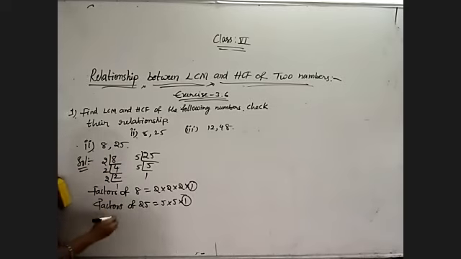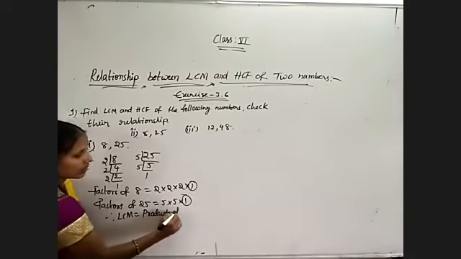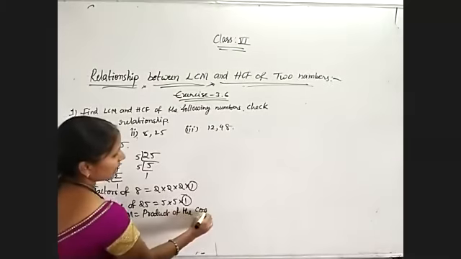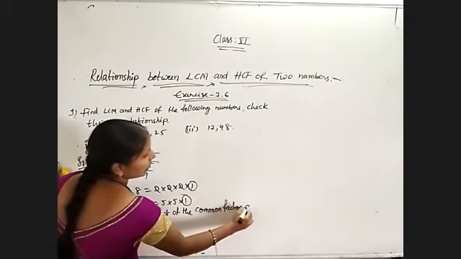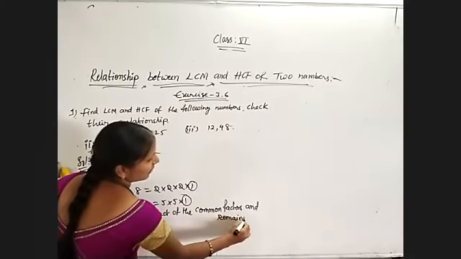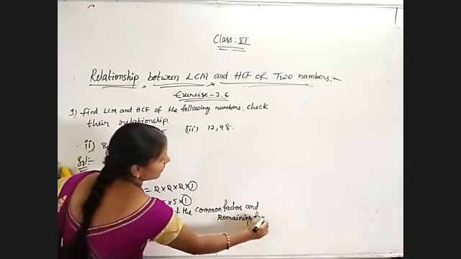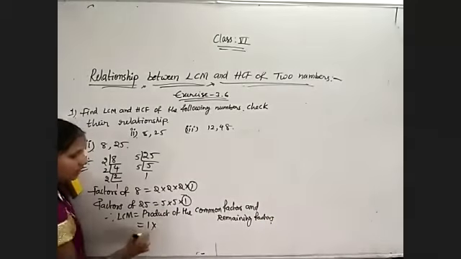So we will see. Now, the LCM of the given numbers is equal to the product of the common factors and the remaining factors. Yes or no? So the product of the common factors is only 1.